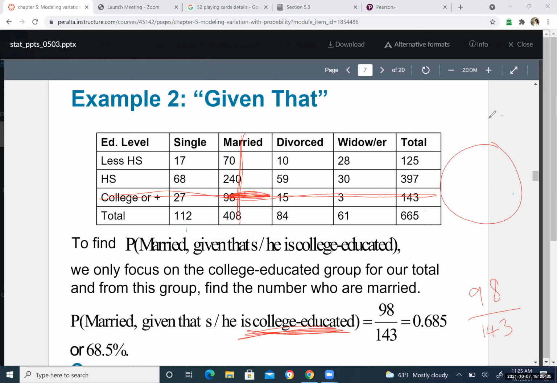This picture is college educated, and the smaller one is married. Okay, like that. The intersection of these two goes right on top. Any question about "given that" or conditional probability?